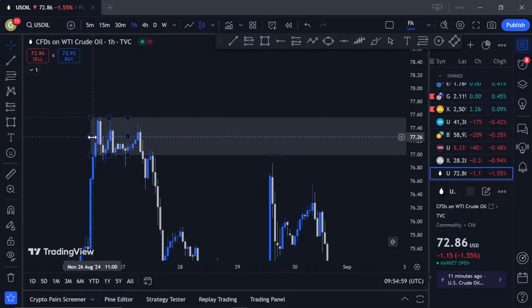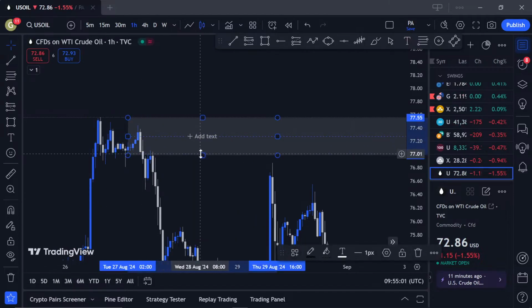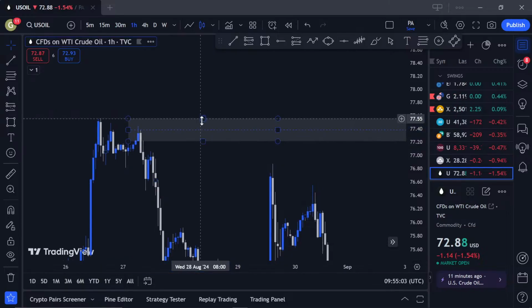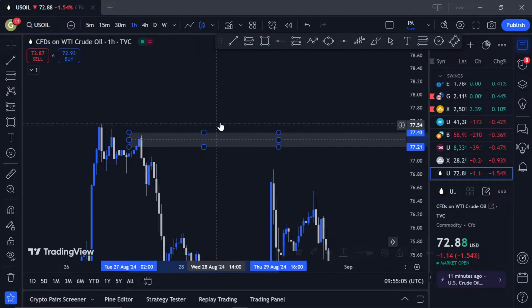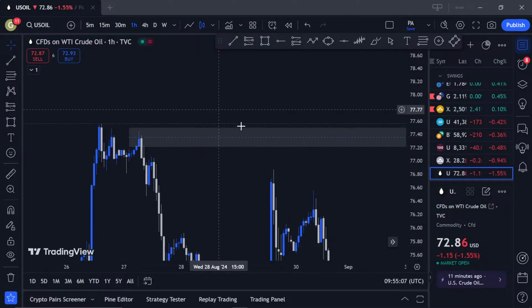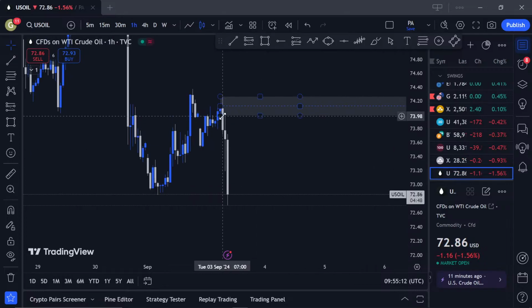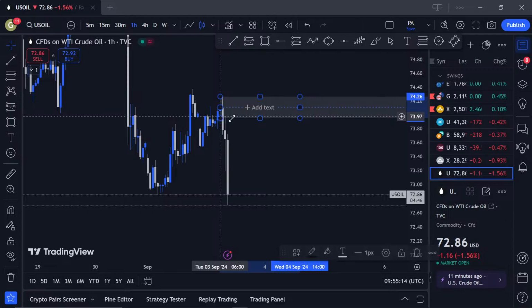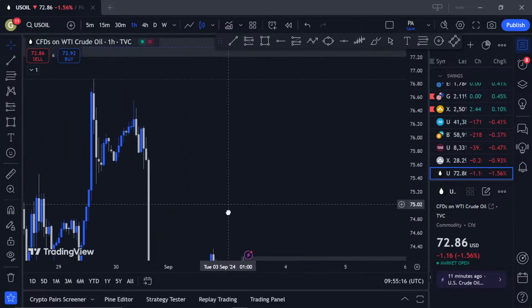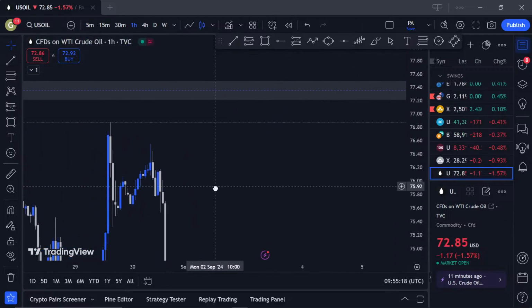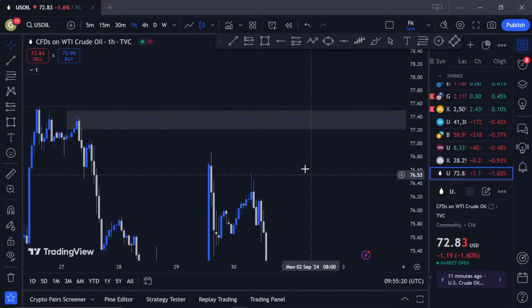That takes us to this other level here. So on US oil, either we'll take a trade from this new level that the market is creating, or we'll wait for the ultimate level at this very top here.